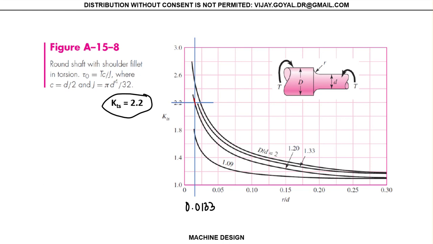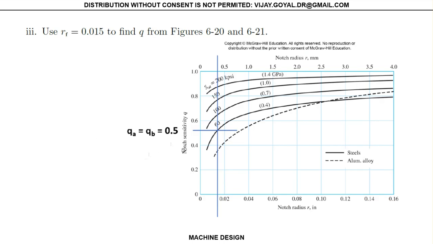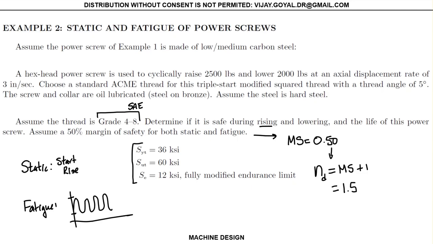Okay. Now, this is static, so I'm going to need my notch sensitivity to make my corrections to get my fatigue stress. Remember, this was 60. That was given in the problem. So if you look here, this is 60. Okay, that's the ultimate tensile.